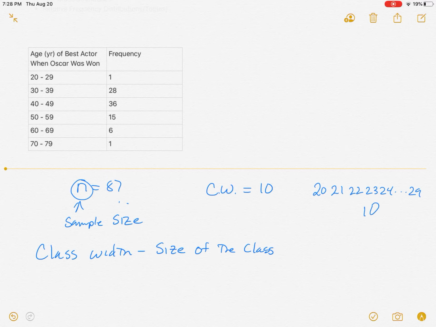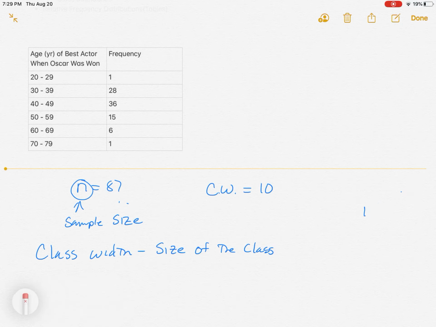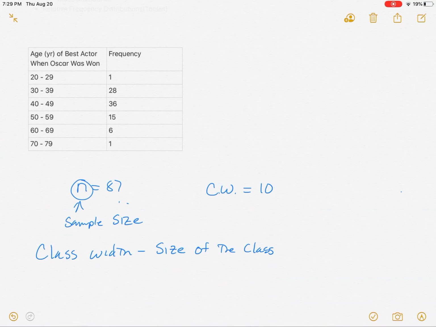That's 10 different possibilities. Now that's the visual way to see this, but it's not the practical way to do it. The class width is what you get as you travel from one class to the next. So what's the class width as I travel from the lower class limit of one to the lower class limit of the other?